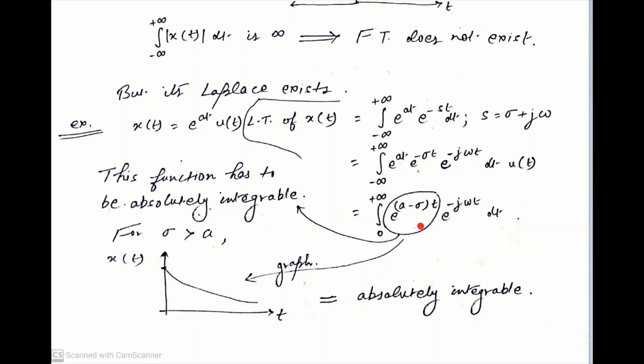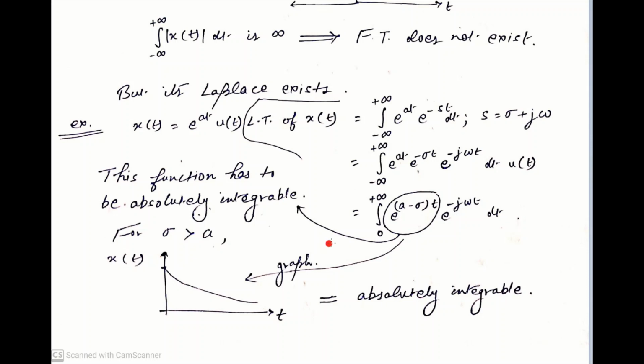So now our goal is that this function, e raised to the power a minus sigma t, we want this to be absolutely integrable. And for making this absolutely integrable, we can see that this function has to be decreasing with respect to time. You can see that the time limit is 0 to infinity.